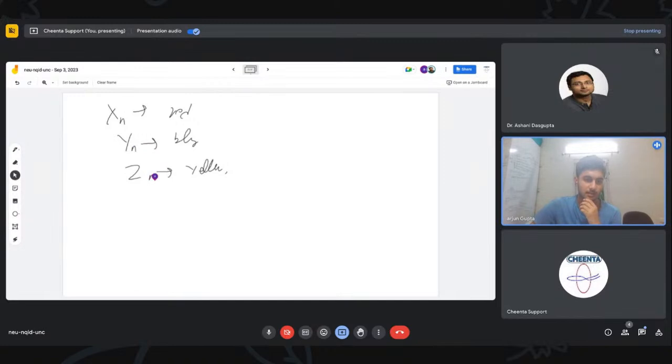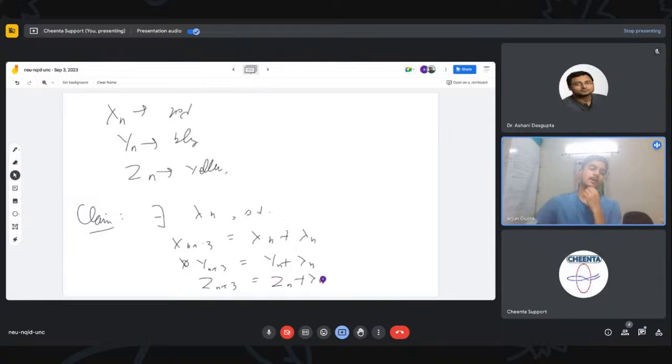My claim is that there exists some constant lambda n such that x of n plus 3 is equal to xn plus lambda n, y of n plus 3 is equal to yn plus lambda n, and z of n plus 3 is equal to zn plus lambda n. I will prove this: whenever you go from n to n plus 3, all of x, y, z get increased by the same constant.